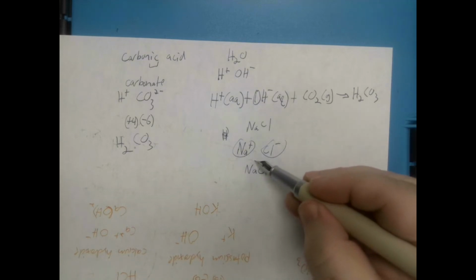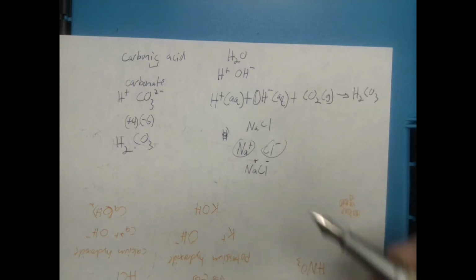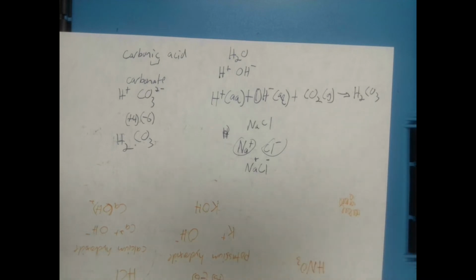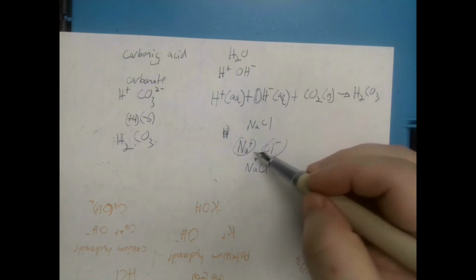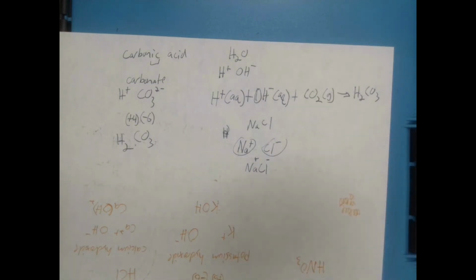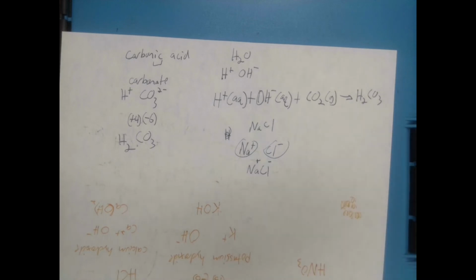And so this really positive side and this really negative side, water will occasionally pull them apart, but it's very brief, and they instantly slime back into each other. But they disassociate in water enough that allows chemical reactions to go on. So that's why this salt water doesn't just turn into pure sodium and chlorine.